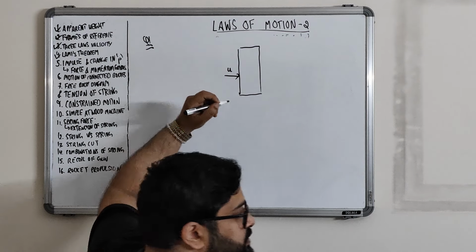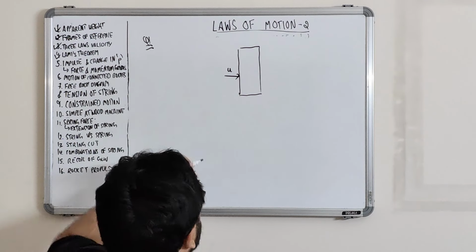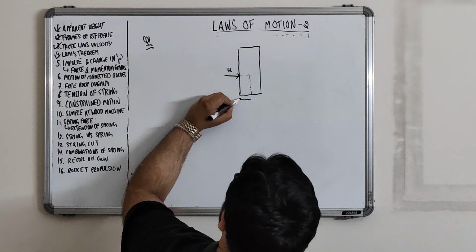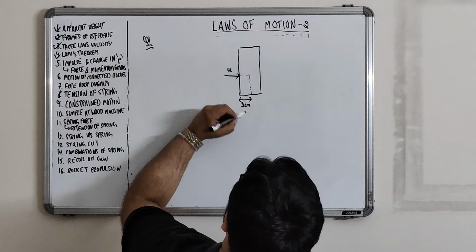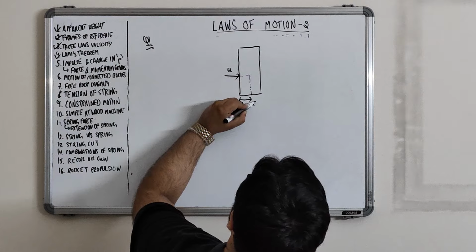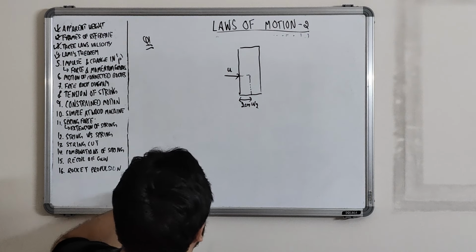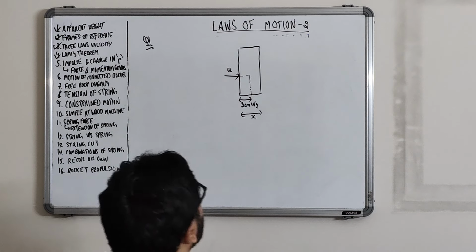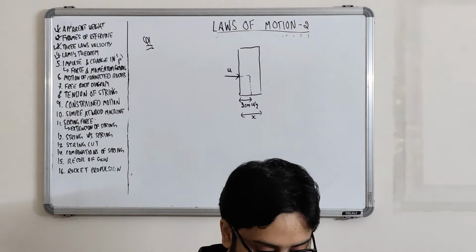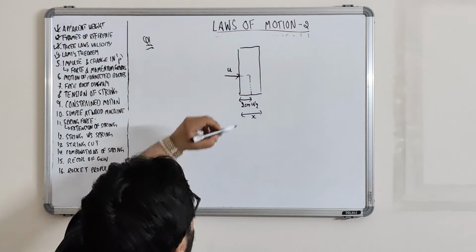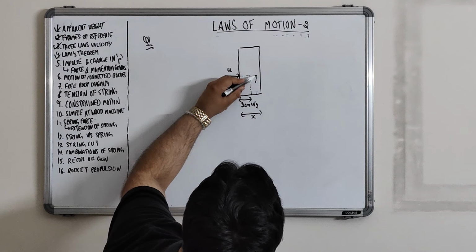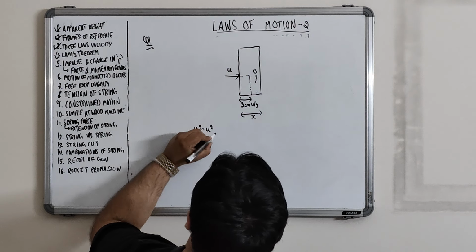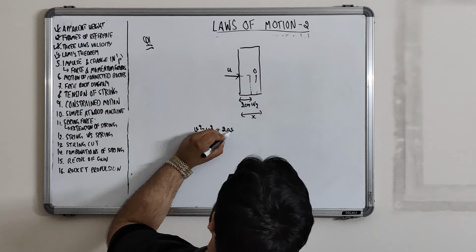And after traveling 2 centimeters into the wood, its speed becomes half, u by 2. So what is the total distance that the bullet travels before coming to a stop? At that point the velocity is 0. So v square minus u square is equal to 2as, right?